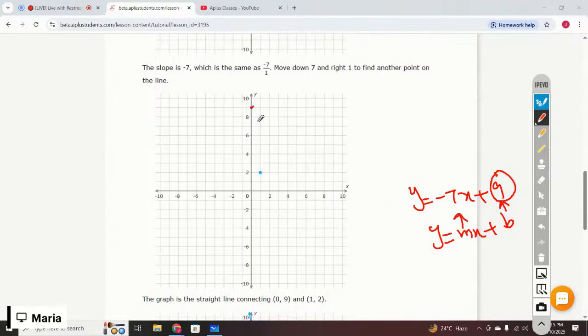Now move down 7 points. 1, 2, 3, 4, 5, 6, 7. And right, move down 7 points and right 1 point. So you end up here. So you have to make a line. You just have to connect these points and make a line.